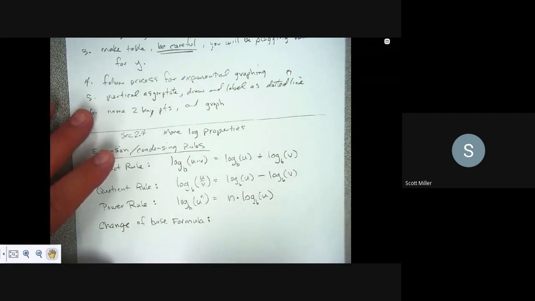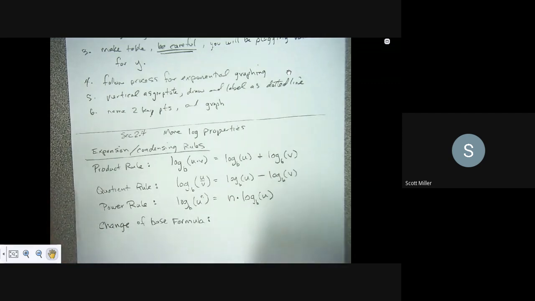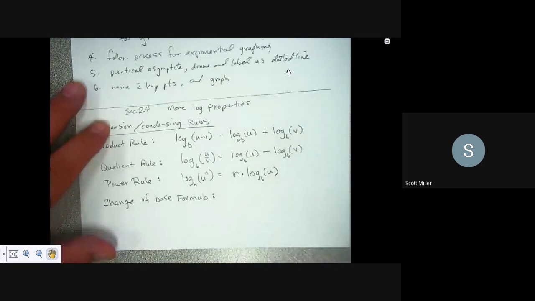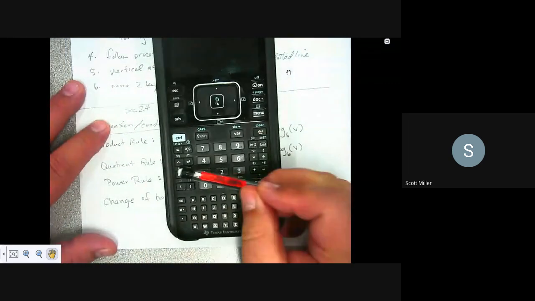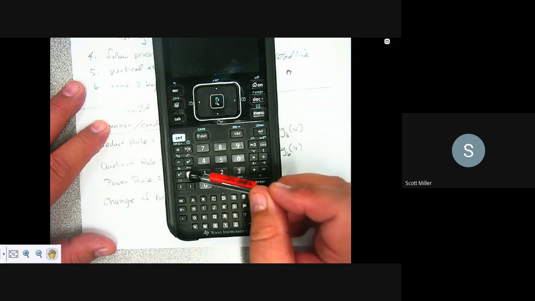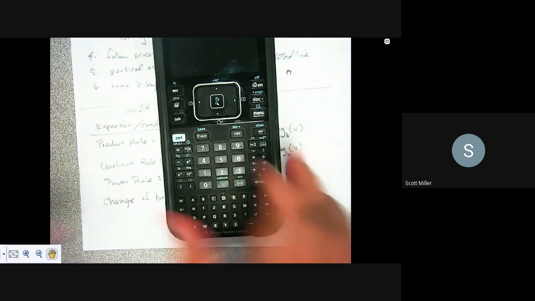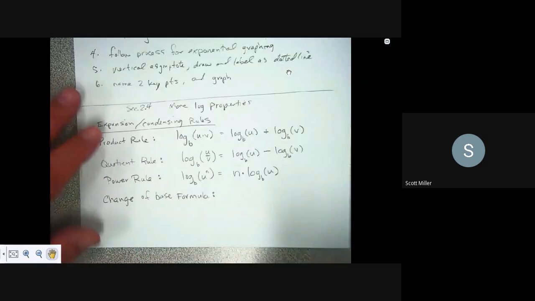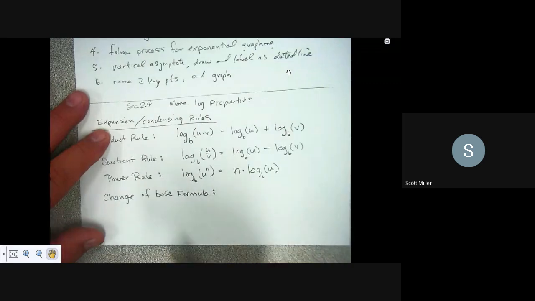Since you can't type in a log base 3 into other calculators, you need a way to change it, because all calculators will have the natural log button and the common log button. They all have that. Ours just has one that does all bases, so that makes it easier. So how do I put a log base 3 into a calculator that doesn't allow me to put in base 3? You have to do a change of base formula.